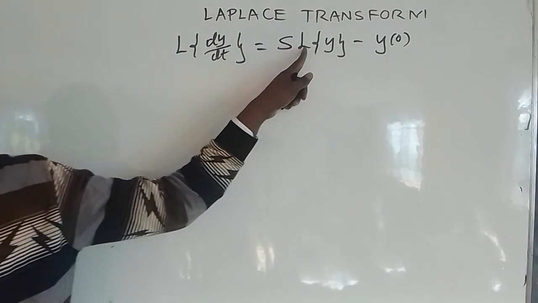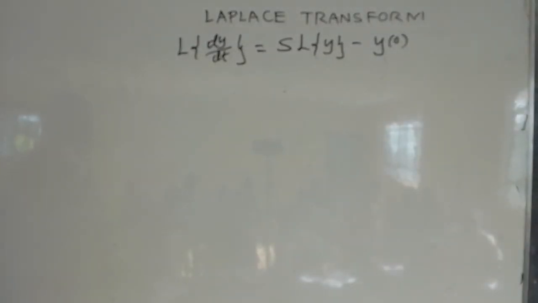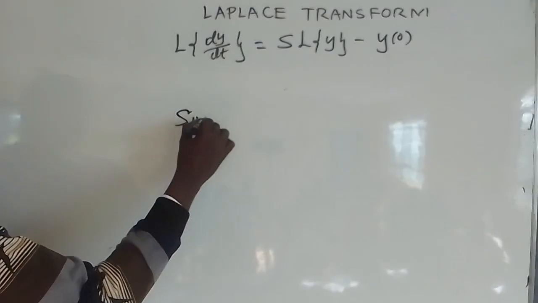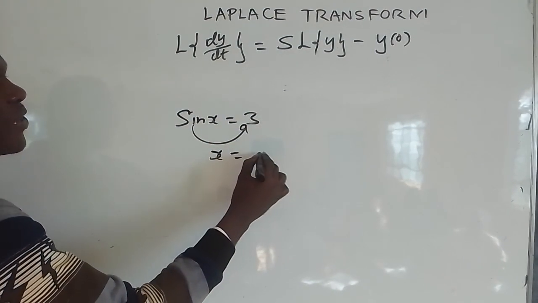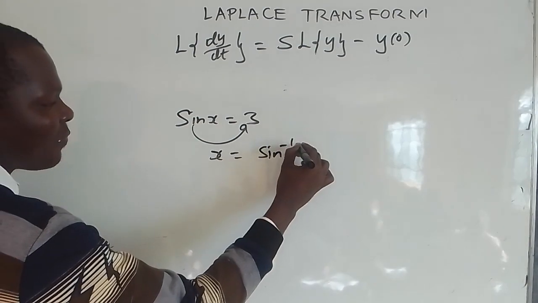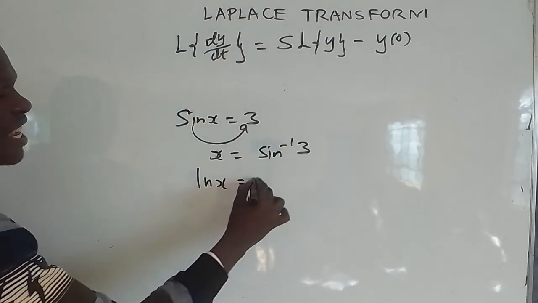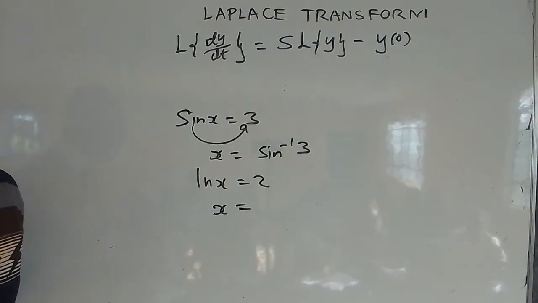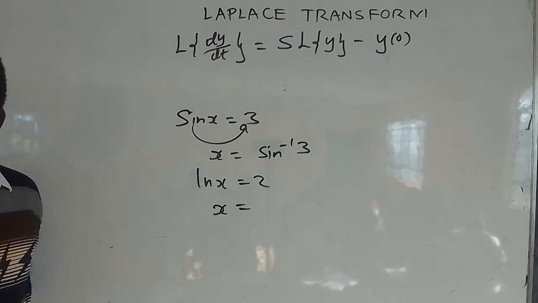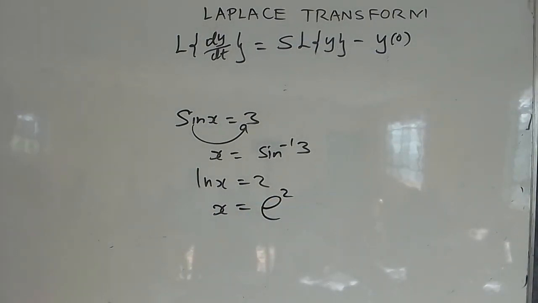If this side it is Laplace, when you take it to the other side of the equation, it becomes Laplace inverse. Like when somebody gives you that sine x is equal to 3, if you take sine to the other side, you get x is sine inverse of 3. If somebody gives you that ln of x is equal to 2, and you take ln to the other side, it becomes exponential.